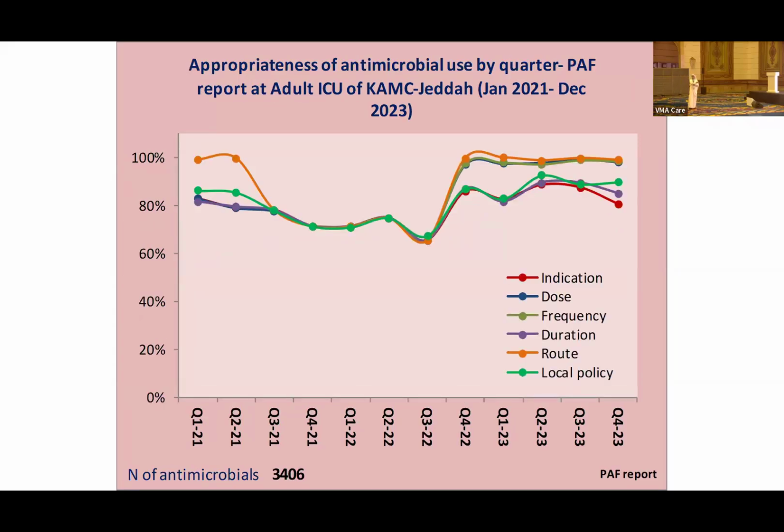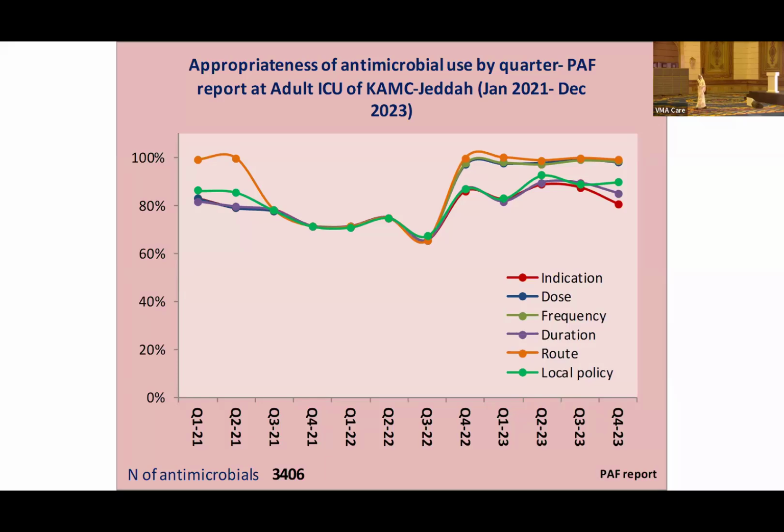This is what I mentioned to you: indication, dose, and also frequency, duration. You can see here, mashallah, we have a good clinical pharmacist in ICU, so usually we don't see any issue with the dose or frequency. Most of the issue is usually with the indication, in the red color, or for example with the duration.